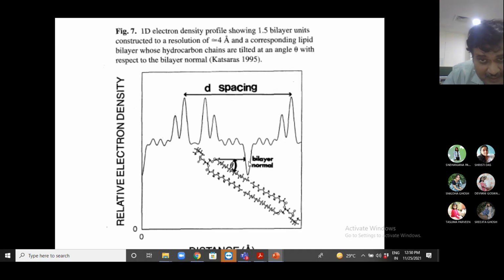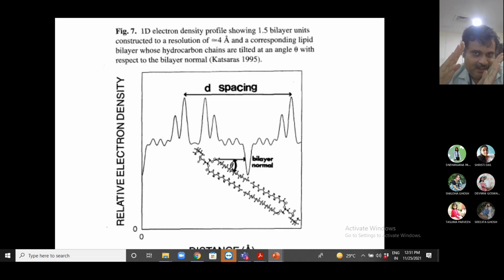This minimum gives you the bilayer normal. If this phospholipid was staying straight, then this angle theta would have been 90 degrees. Now theta is less than 90 degrees. So it indicates that this is the phospholipid head group. So the phospholipids are arranged like this, and this is the d spacing between the two phospholipid bilayers.